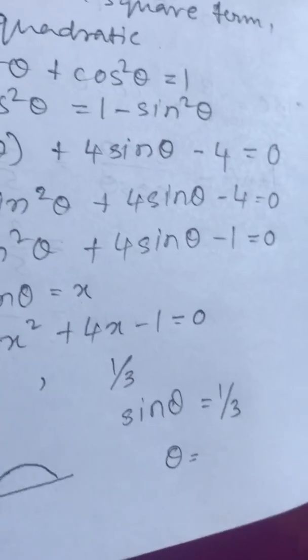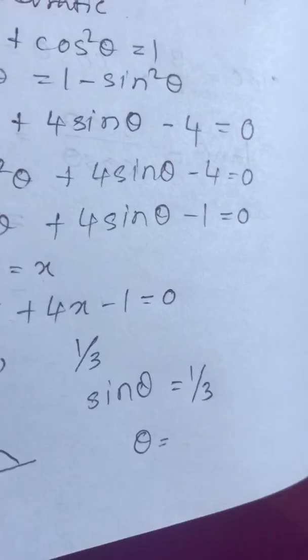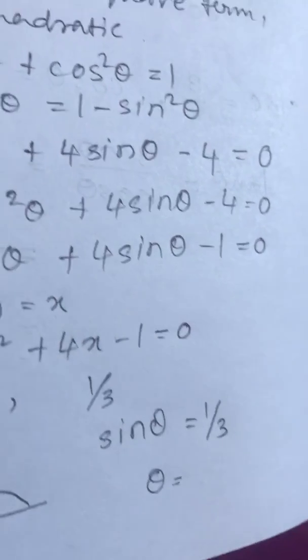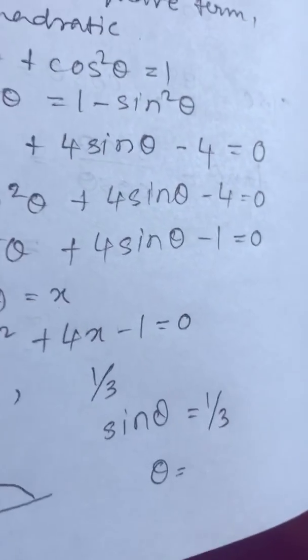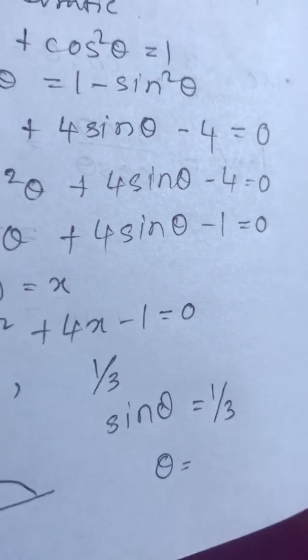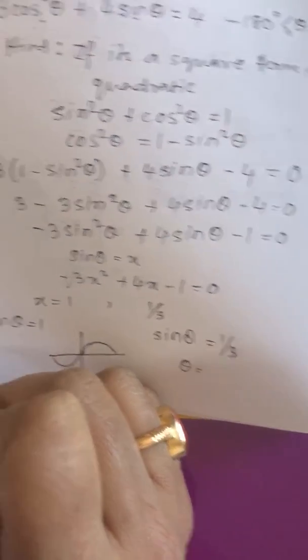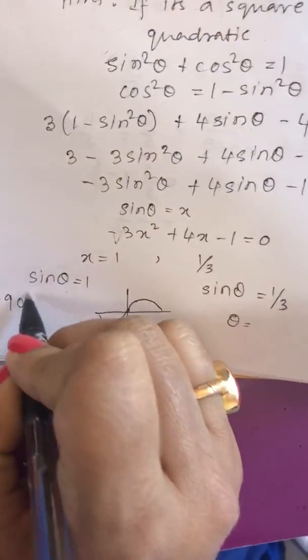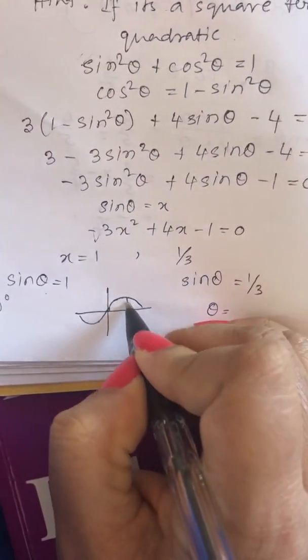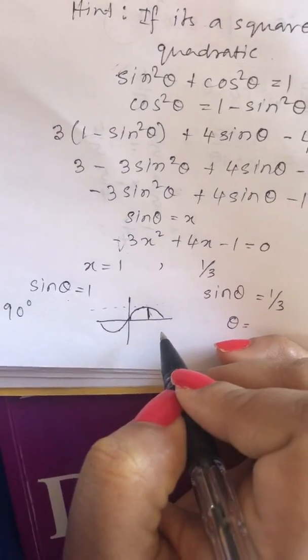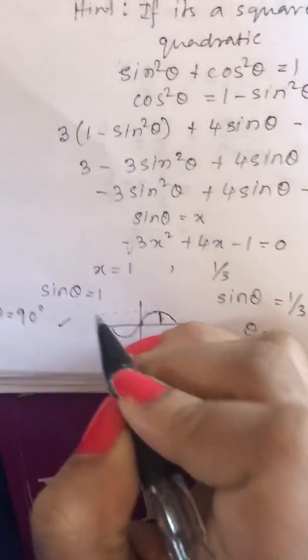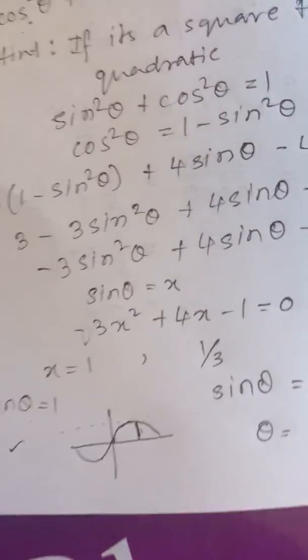So if I go back in my calculator, sine inverse of 1 we know is 90 degrees, which is here. That doesn't have any more solution between minus 180 and 180, so that's the only solution there.